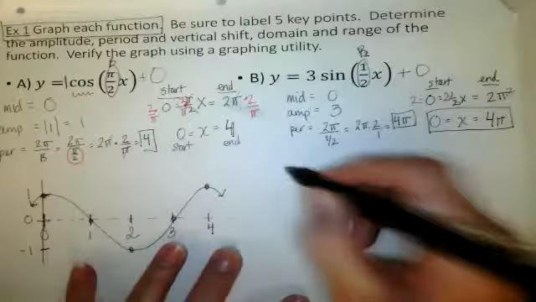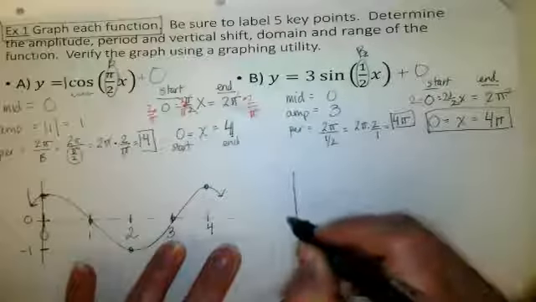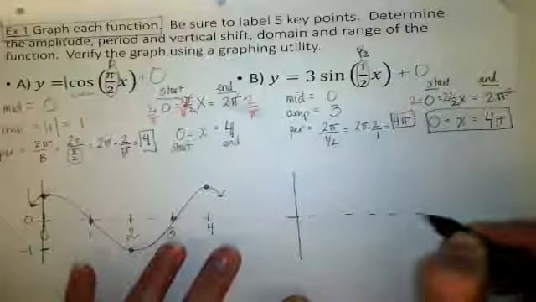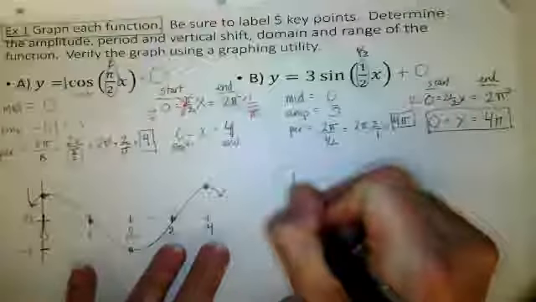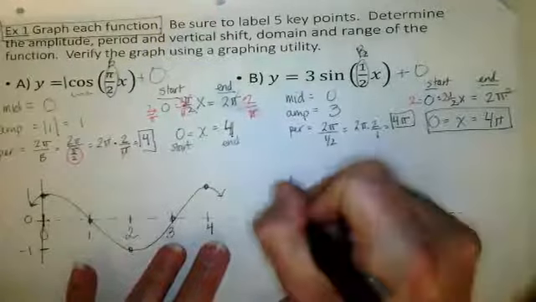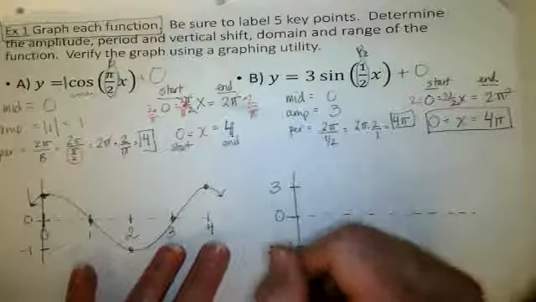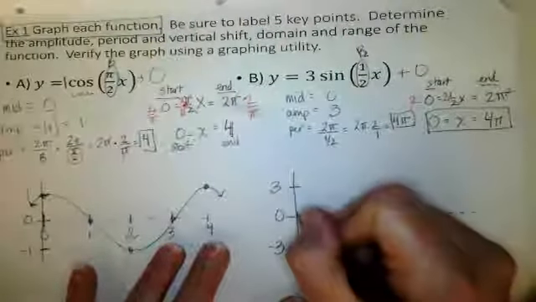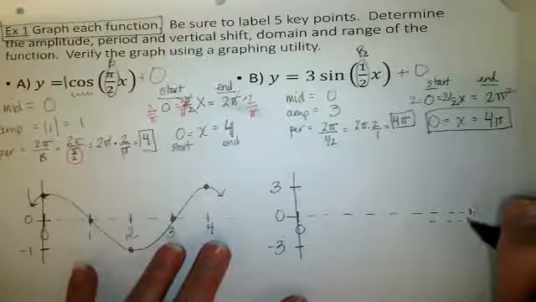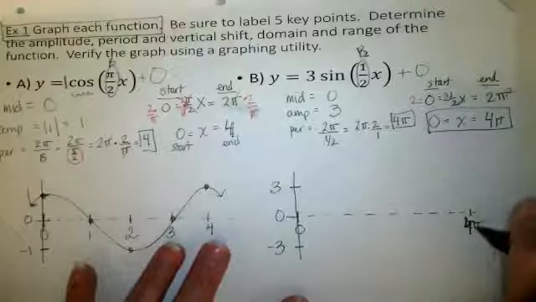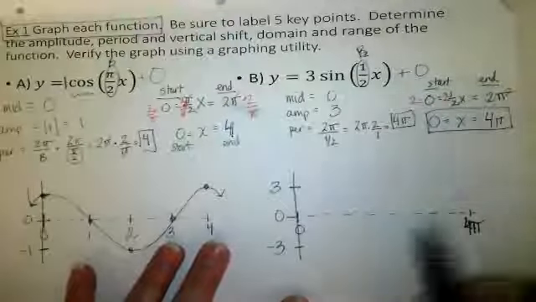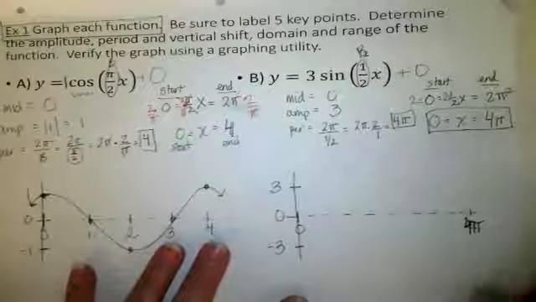I'm going to go ahead and label my midline is 0. My amplitude is 3. What's my maximum value? What's my minimum? Okay. And I'm starting at 0 and ending at 4 pi. So what's halfway between? Now I'm doing this on purpose.